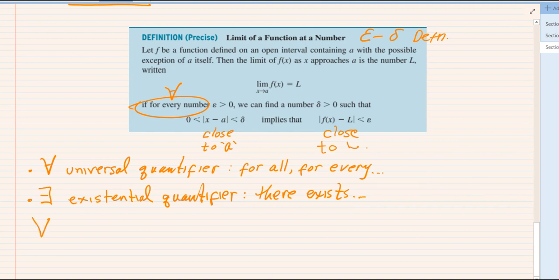I can say that for every epsilon positive, there exists a delta that is also positive, such that, here's another quantifier, this one. Remember the set membership notation? Well, if you write it backwards, that means such that.